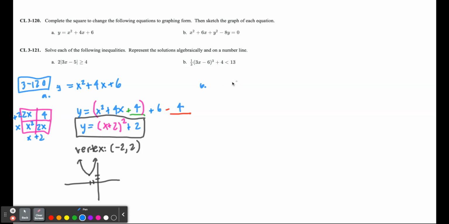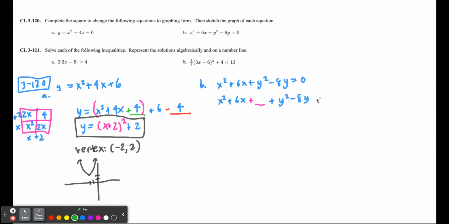And then for B, this is a circle. Like, you knew this was a parabola because of the x squared, you know this is a circle because of the x squared and the y squared. So you just need to complete the square twice. So whatever you add here, then you need to add on the other side.